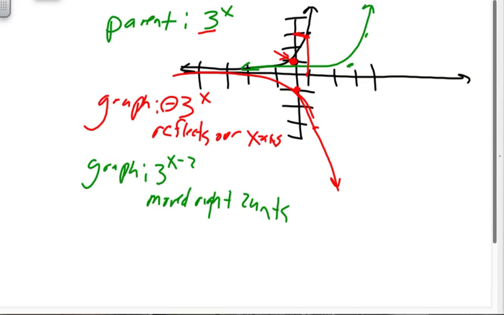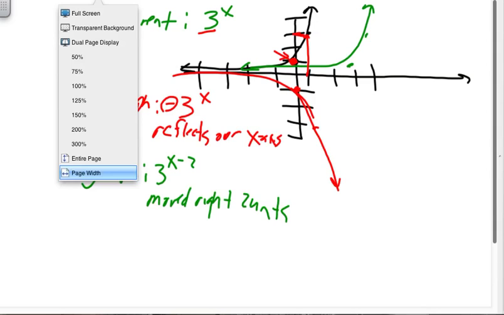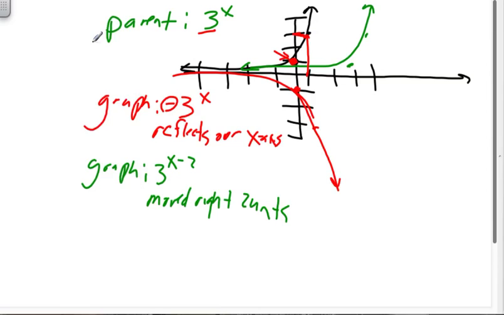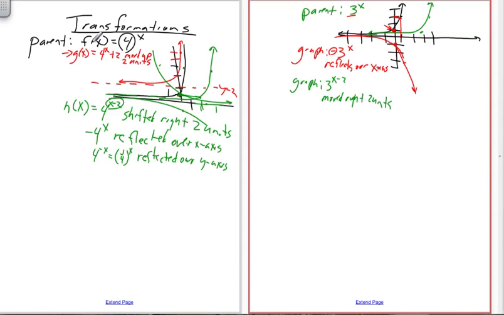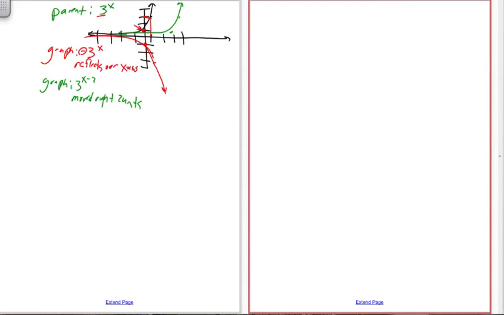Okay, so let's take a look here at my parent function, which was the black one. So domain, make up a table. I'm going to have my function, and then domain and range.